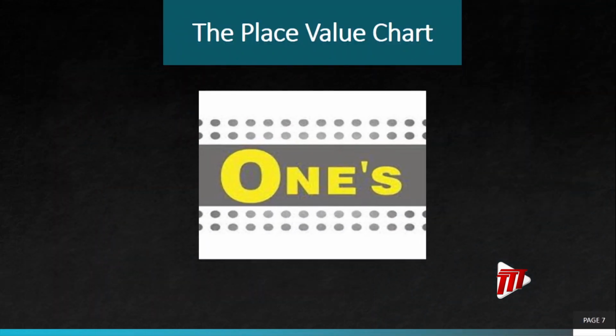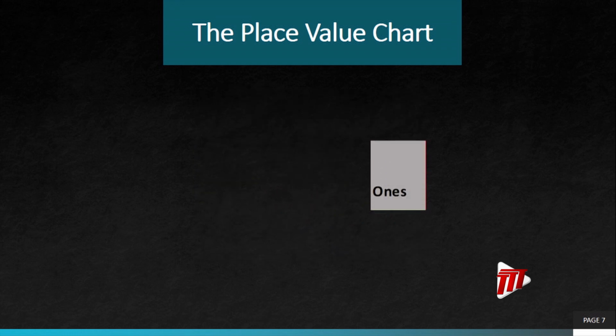So let's look. In the place value chart, the smallest, and the most important, not the smallest, the most important member of all the families of the entire place value chart is this fella right here. And he is ones. Remember, when we get 10 ones, what new value is created on the place value chart? Tens. Good.